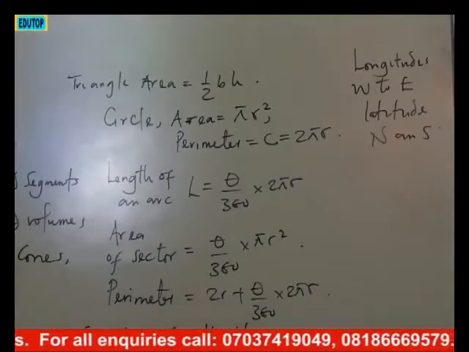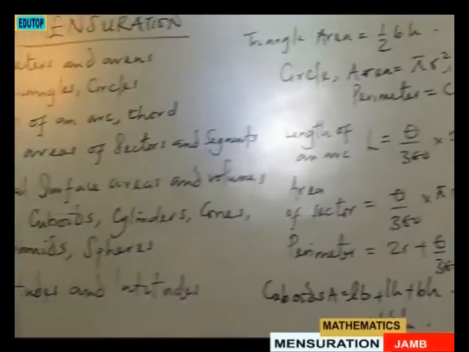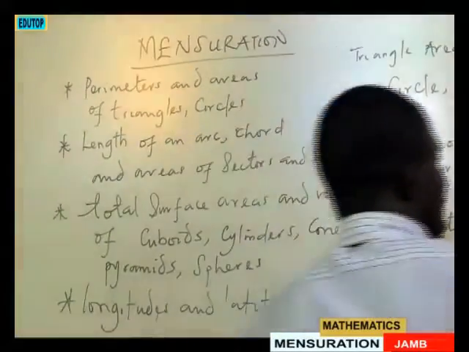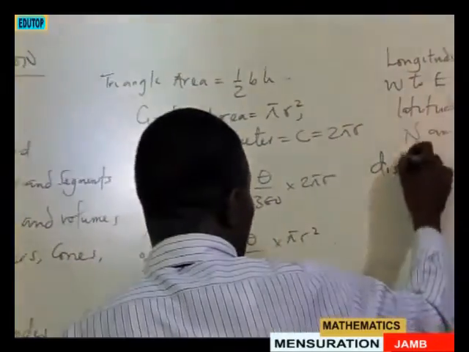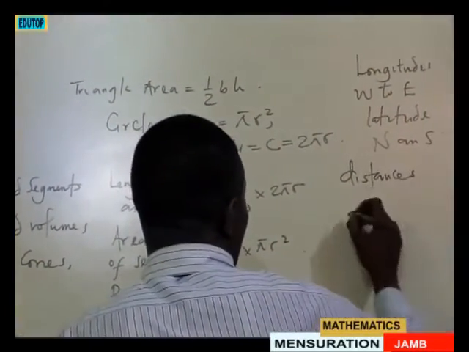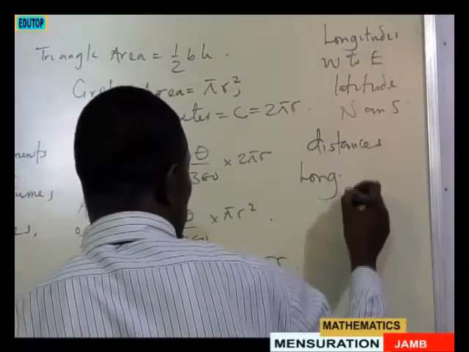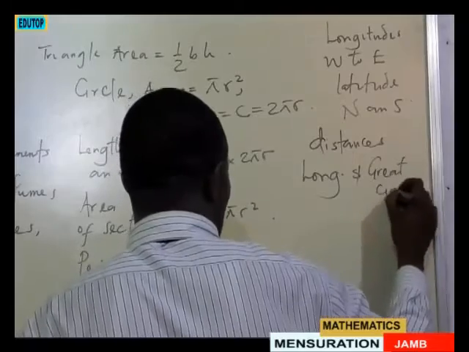And according to the UTME syllabus, most of their questions are centered on distances, because we can calculate distance along the longitude and along the latitude. If it's along the longitude, it is also known as what? Along the great circles. Take note of that.